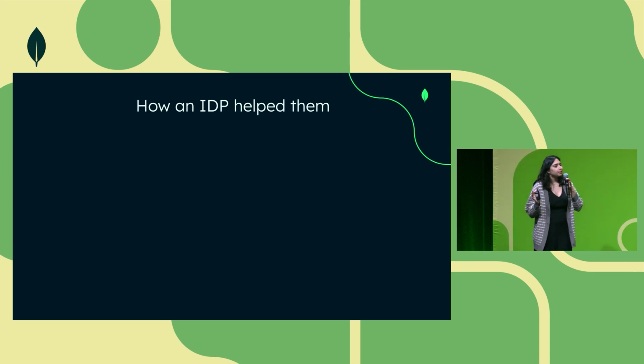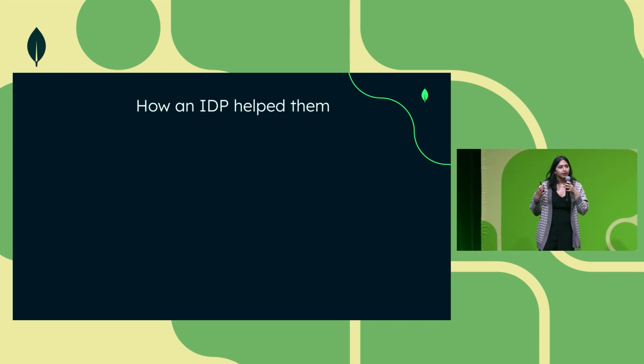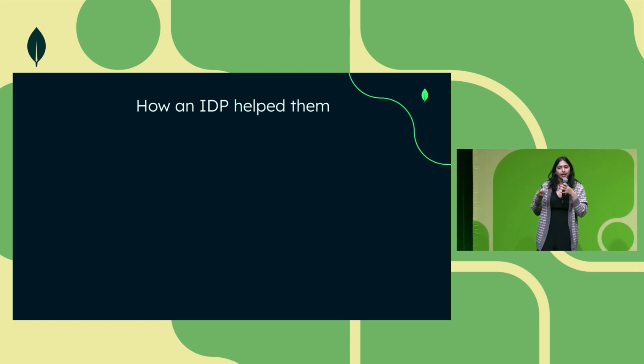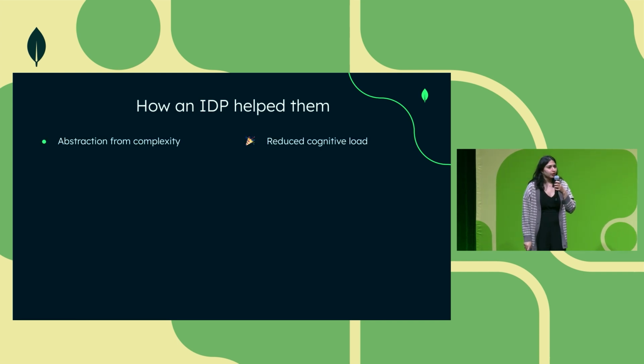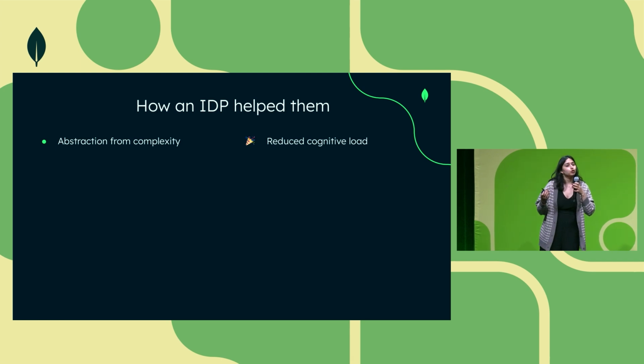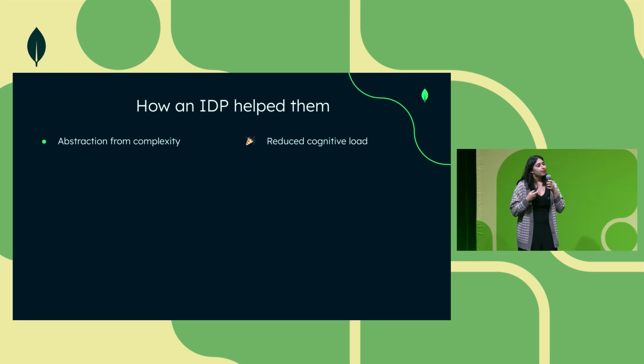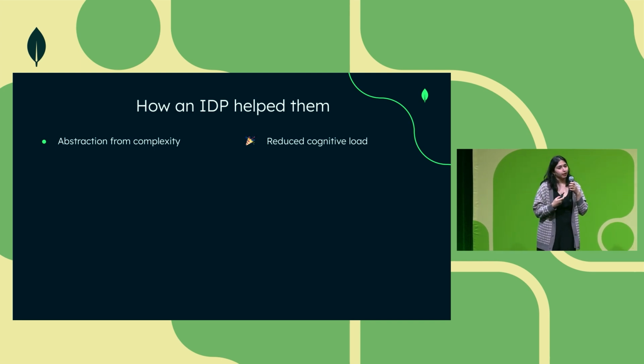So after some deliberation, they decided that incorporating an internal developer platform, or an IDP, within their developer organization would end up creating a lot more efficiency, not only for their developers, but for the business as a whole. The internal developer platform, or an IDP, for those of you who don't know, is a connected system of tools and processes that enable developers to run faster by creating more self-service, reducing cognitive load and complexity within the developer environment.